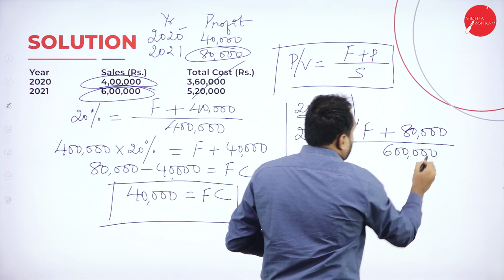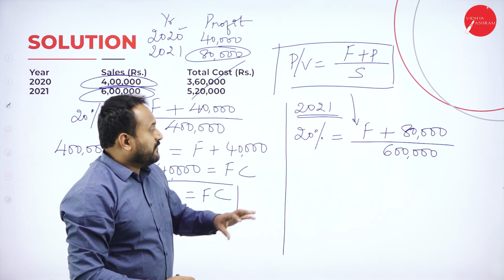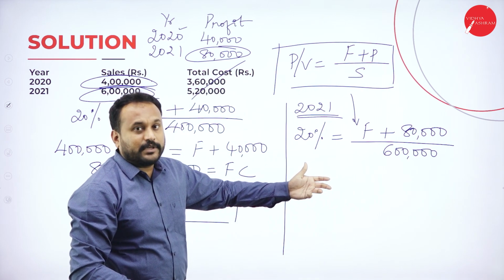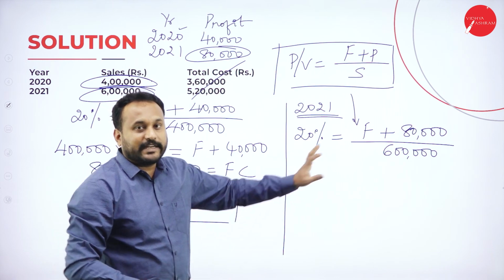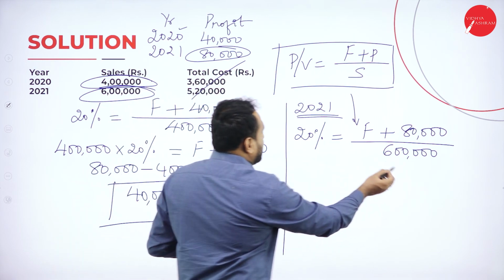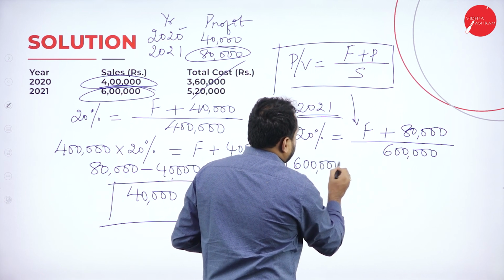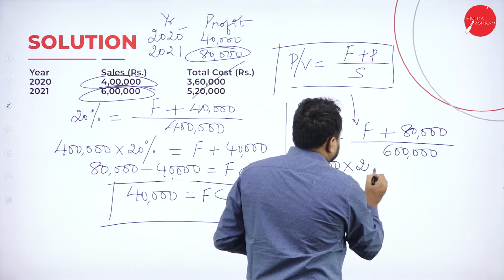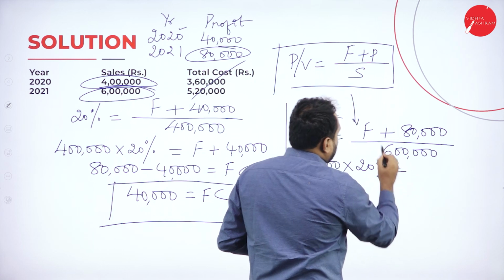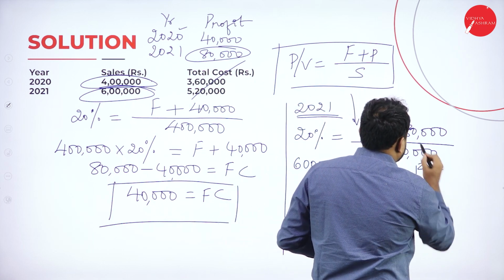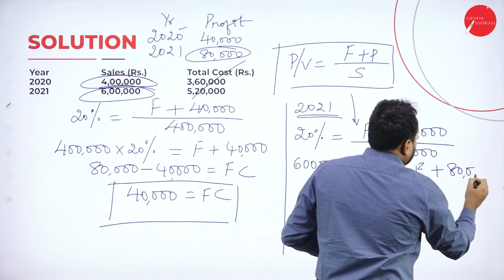So this is the beauty of accounting. Wherever, whenever, whatever way you go, if the procedure is correct, you will get the same answer. So this 6 lakh will go here, into 20% is equal to F plus 80,000.